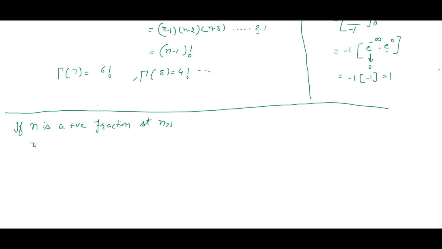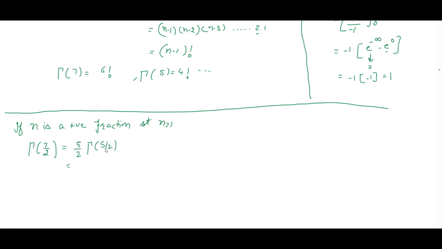Suppose for example, if you have gamma of 7 by 2, so here n is a fraction but greater than 1. So you can reduce gamma of 7 by 2 using recurrence formula, that is n minus 1, 7 by 2 minus 1 is 5 by 2, and gamma of 5 by 2.